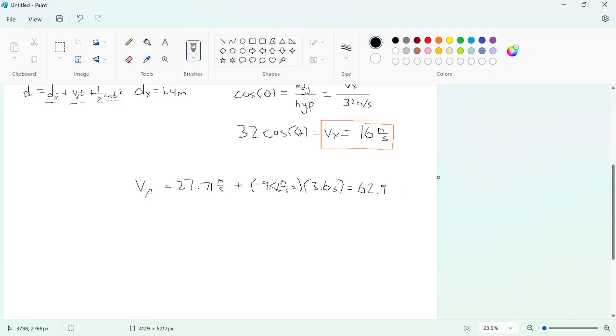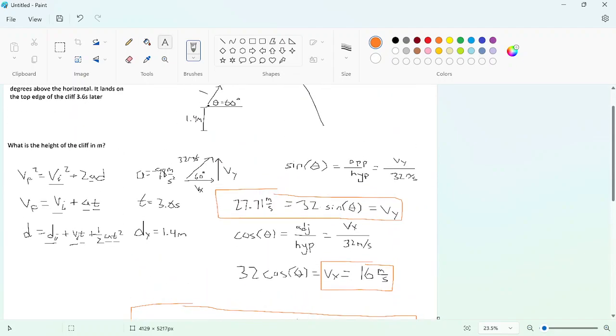Oh, that is incorrect. Apologies. Final velocity is going to be equal to negative 7.57 meters per second. Now we have the final velocity. We can go ahead and underline that.